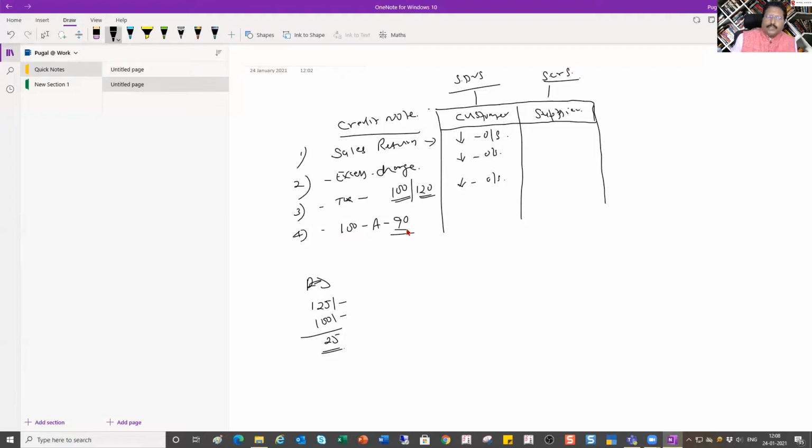Probably the 90 numbers were supposed to be delivered to some other customer at the same point in time, and by mistake the boxes got exchanged. The 100 numbers which were supposed to go to customer A, the package of 90 numbers has gone to customer A. But as per order, you are supposed to bill him for 100 numbers.